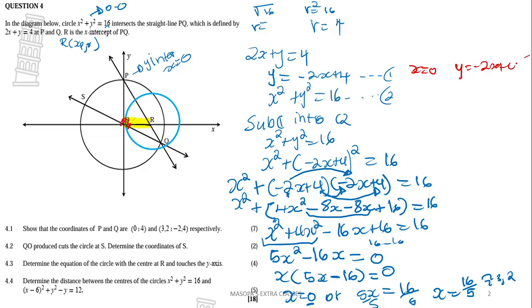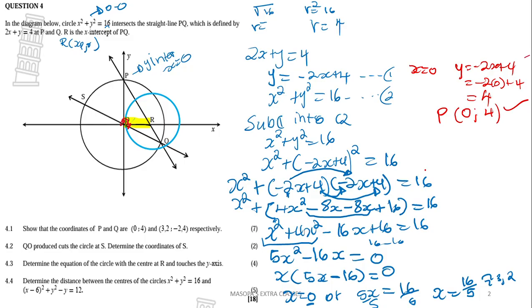Where I see x, I substitute 0, so negative 2 times 0 is 0, plus 4 is 4. So now we have the coordinate 0, 4 for P. Right, we found the coordinate of P.